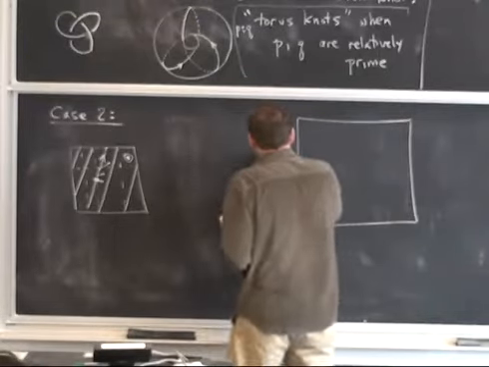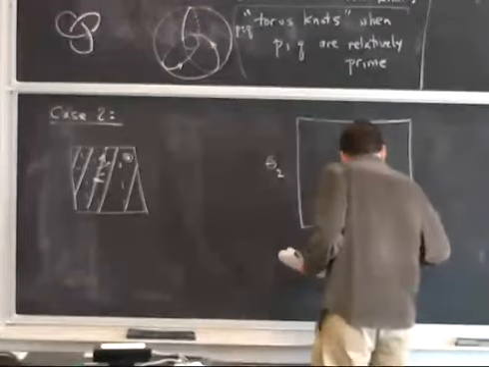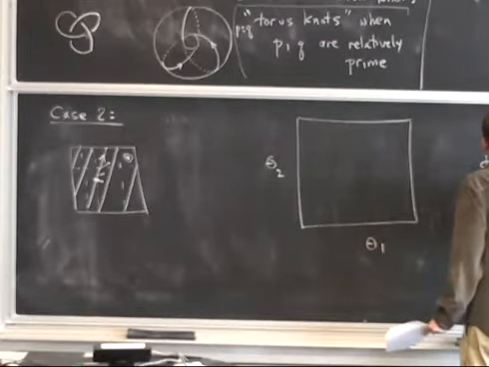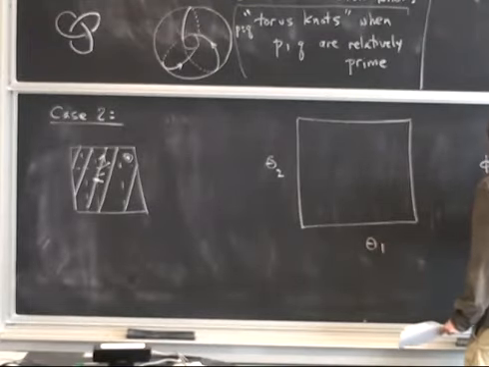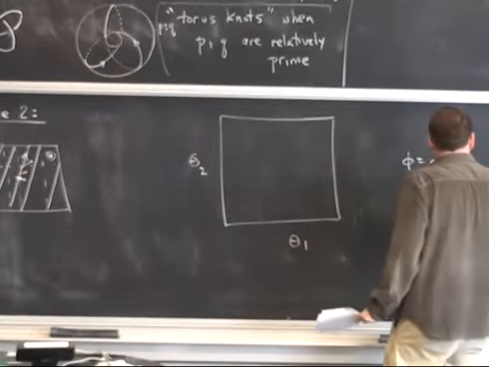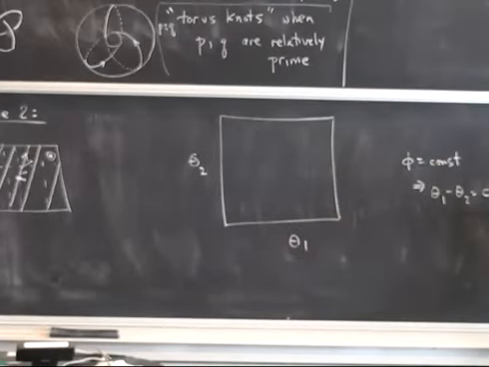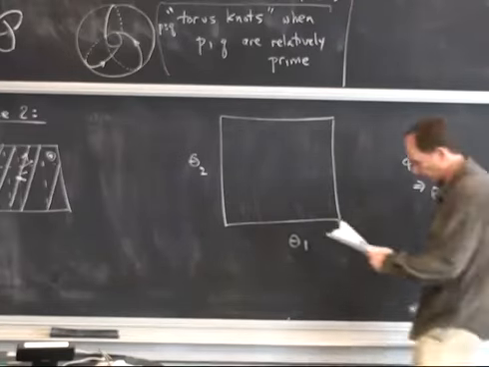Lines where phi is constant in this picture, phi equals constant would mean theta 1 minus theta 2 is a constant. And that will mean that we're moving on a diagonal line. So we would have a picture like this.